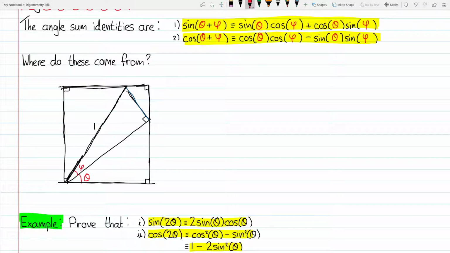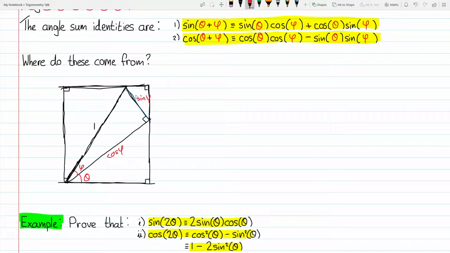Well, we know that this side here is going to be, I think this is going to be sine of phi. Whereas this side here is going to be cosine of phi. Okay, that's going to be our length.